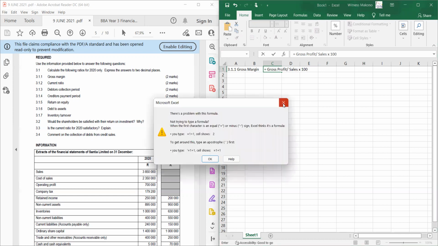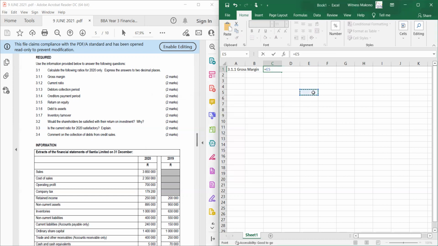So wherever you see the term margin, sorry. So let me do this. I want to remove equals there and say gross profit over sales times 100. So wherever you see the term margin on the ratios, it means sales.